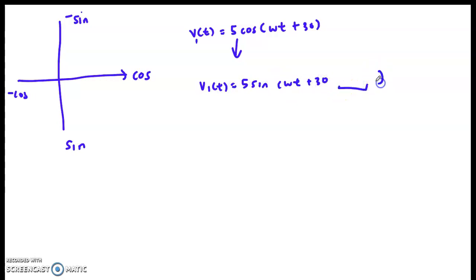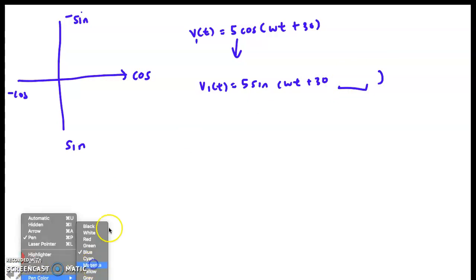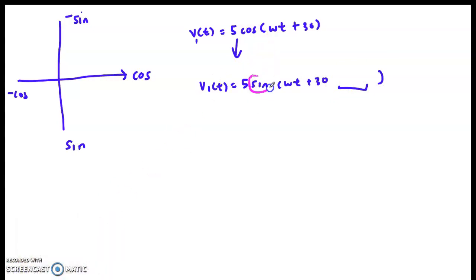In order to do that, this is sine, this is cosine. You're going to change this cosine to sine. Look at where sine and cosine are.